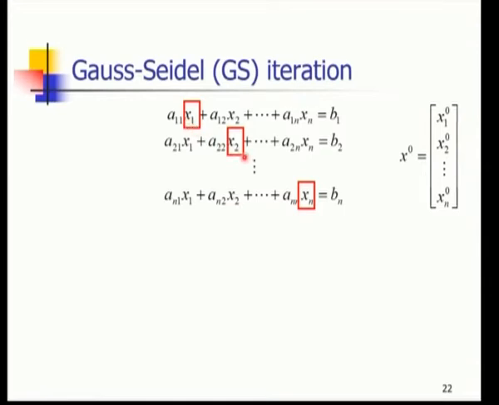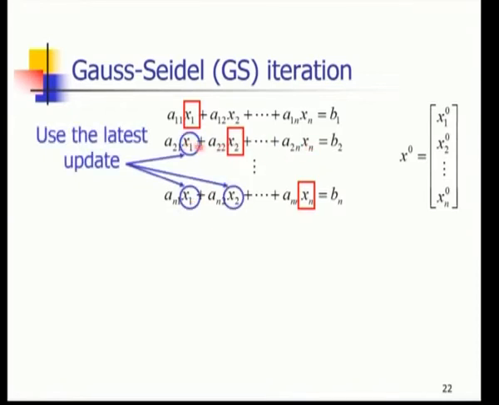When you solve for the second variable, we have the latest information of the first variable. So why do we not utilize that? That is the modification, and it is an accelerated version of Gauss-Jacobi. Theoretically it is proved that Gauss-Seidel converges faster than Gauss-Jacobi, and most scientists use the Gauss-Seidel method.